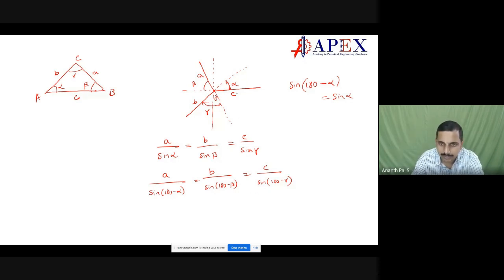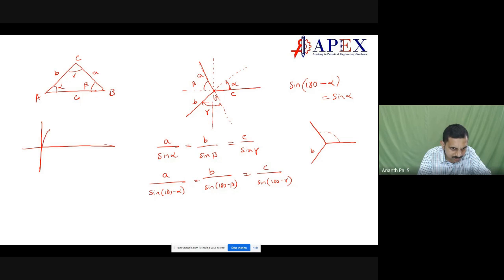It can be reduced to this, sine 180 minus alpha is equal to sine alpha, students. Is it right or am I wrong?